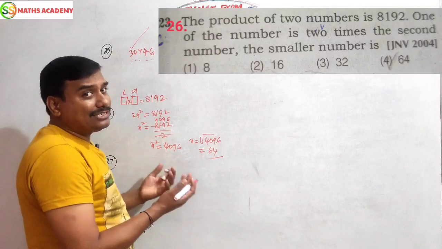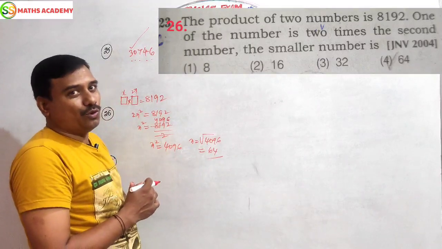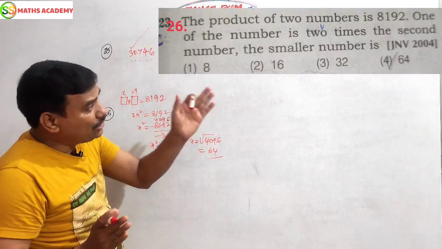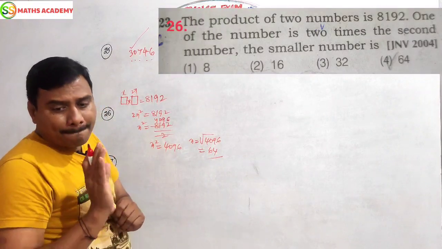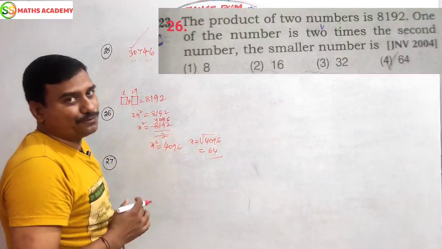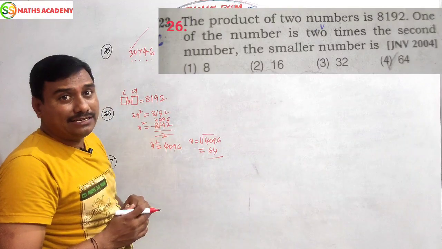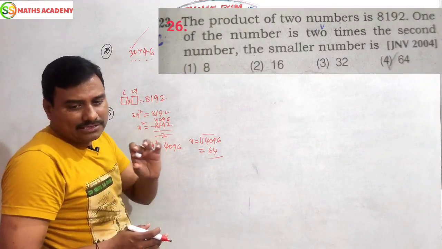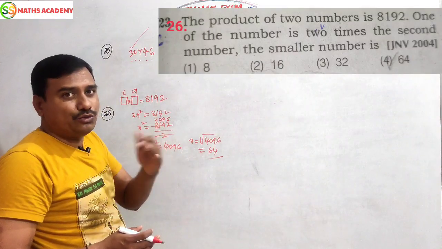Friends, I told you one thing: we can also go from the answer options to the question. For example, in this question, what options are there? 8, 16, 32, 64. We don't take 8 because it is a small number. 16 is also a small number. We can try 32 or 64.